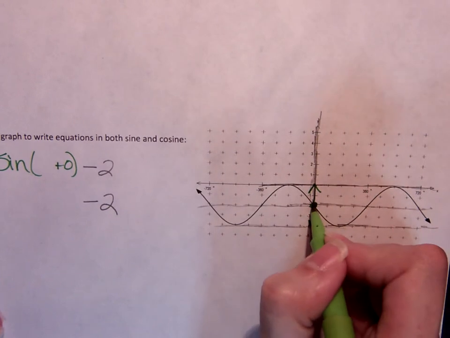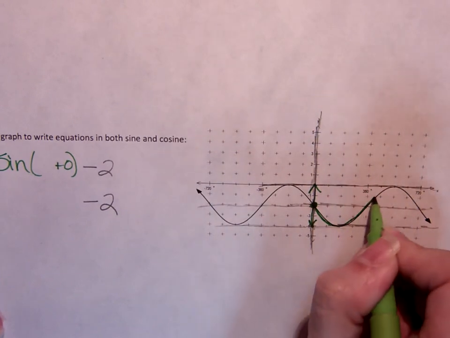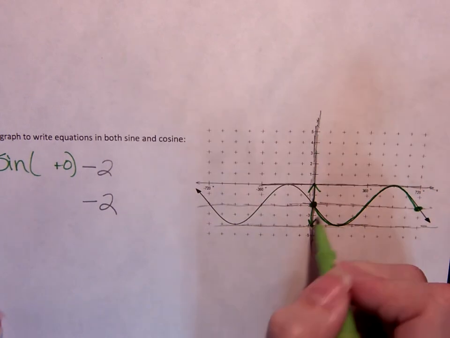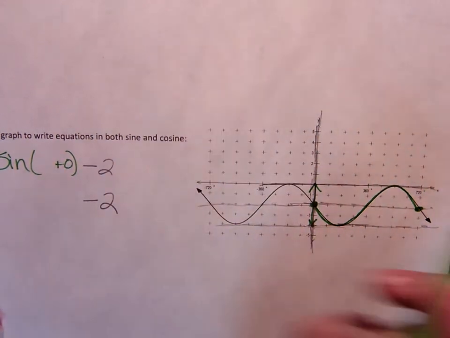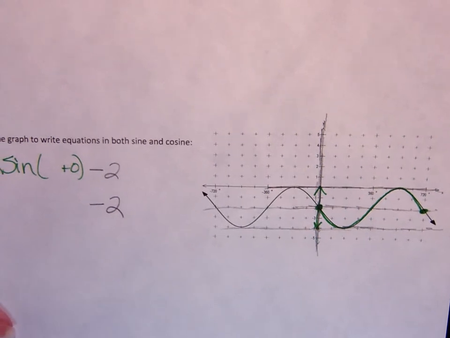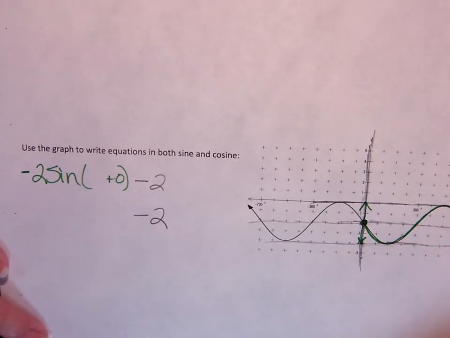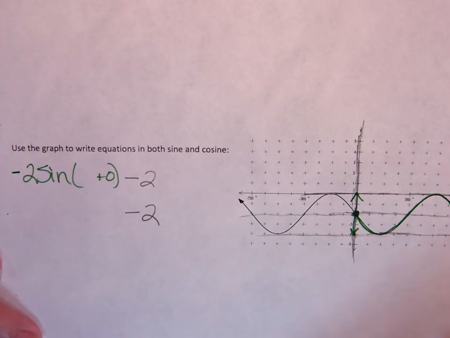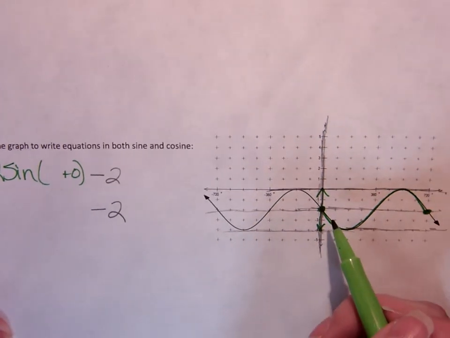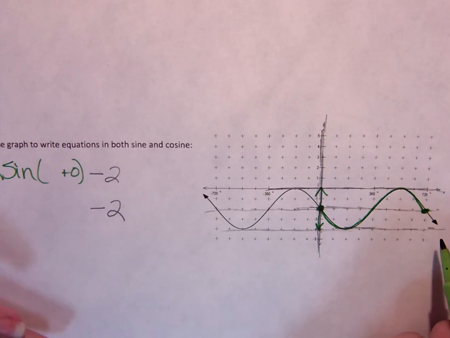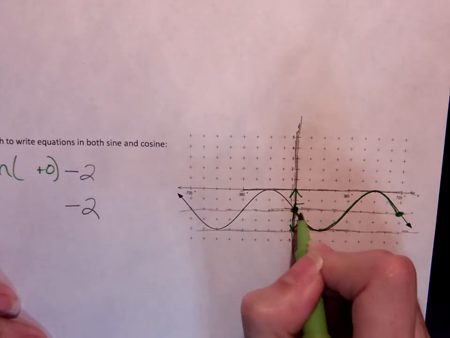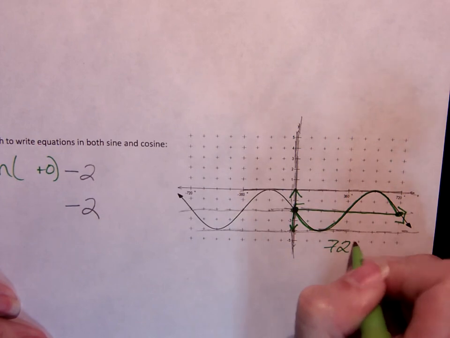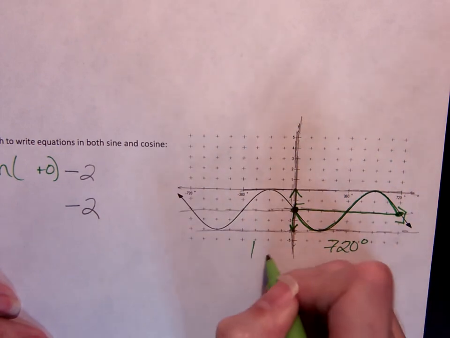I'm looking at sine, so I want to find one complete cycle. So from 0 to 0, it went down first, which tells me it's been reflected. I need to make that negative in front. How long did it take it to do that? Well, from 0 to 720 degrees. This whole space was 720 degrees to make one cycle.